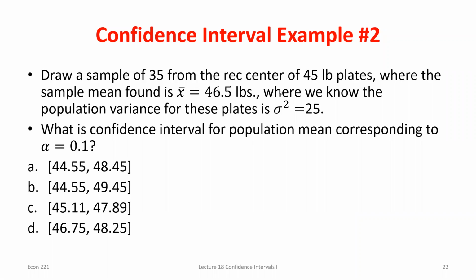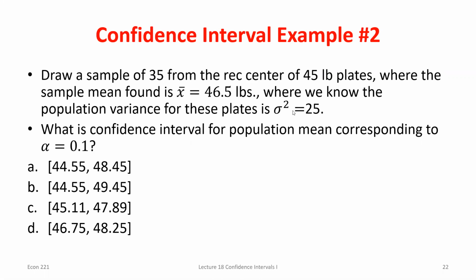So this example might seem stupid, but I think hopefully by the time we get to the end of it, it'll make a little more sense, right? So let's say I go over to the rec center, I grab 35, 45-pound weight plates, right? They don't all weigh 45 pounds. I weigh them all and find a sample mean of actually 46.5. So I have a sample mean, I have a sample size.